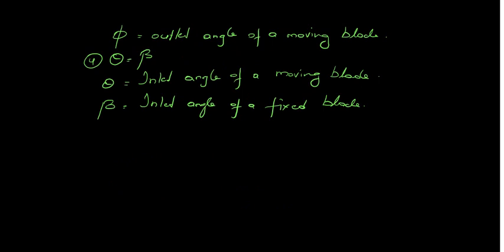How can you say that? Just look at the blade. If this is one of the blades, and this is the second blade, fixed, and this is the third blade.